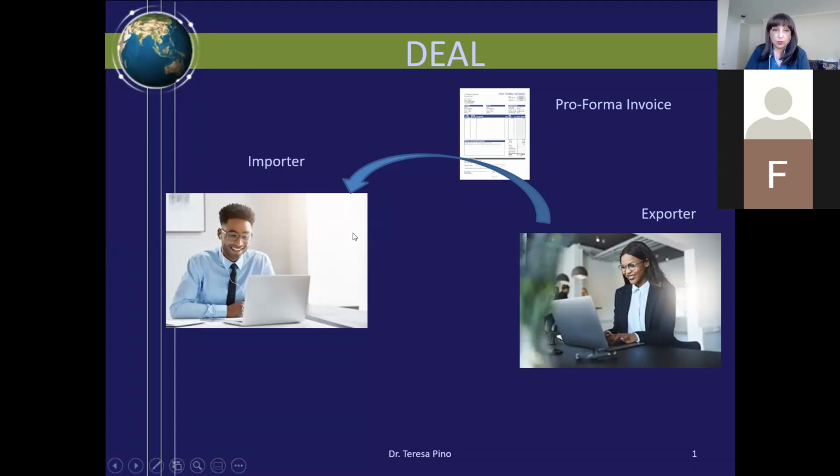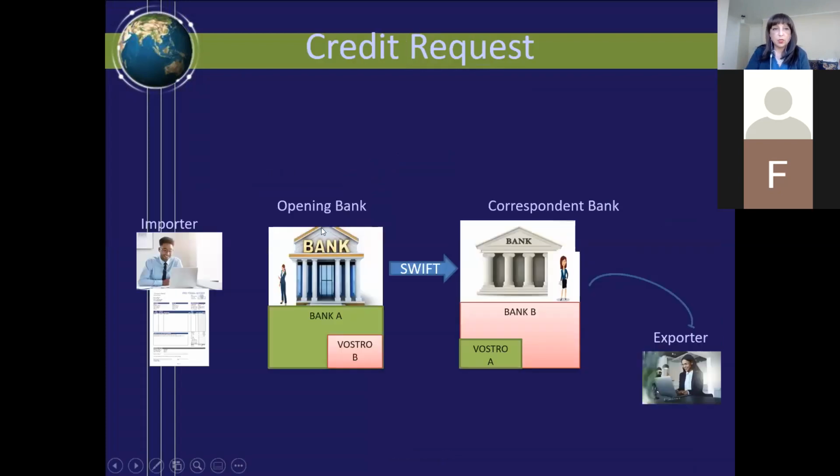So it's very important, because when the importer receives the pro forma invoice, whether it's physical or online, he has to go with that document to the opening bank, which is usually his personal bank, to request the credit, to request the money.